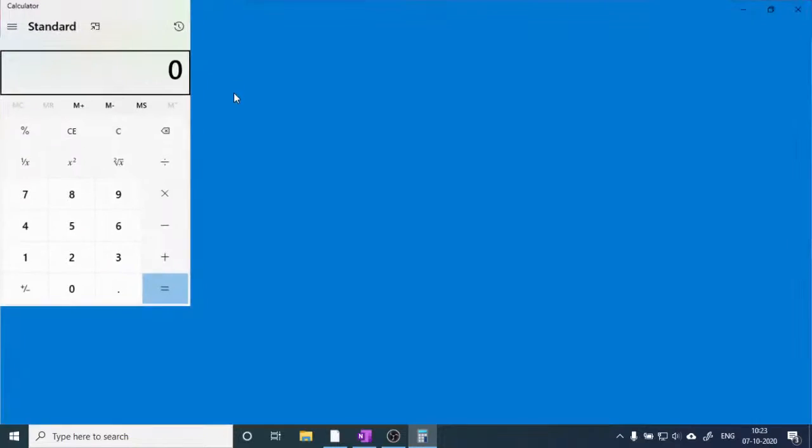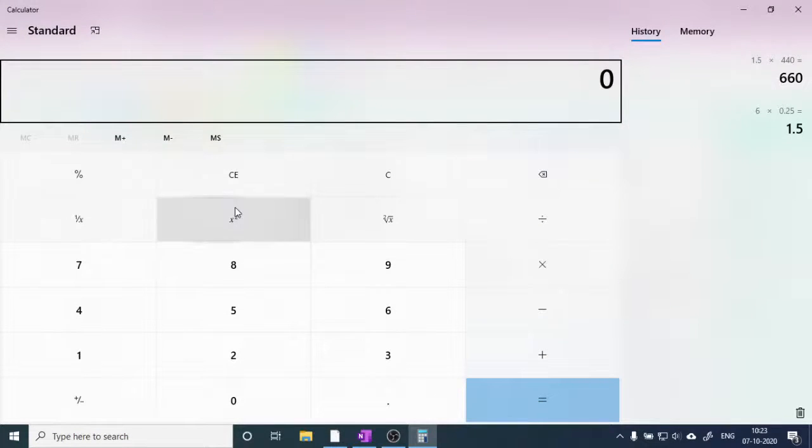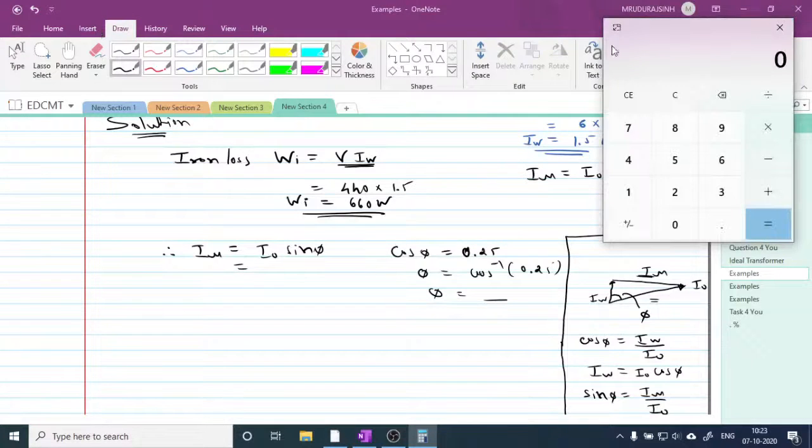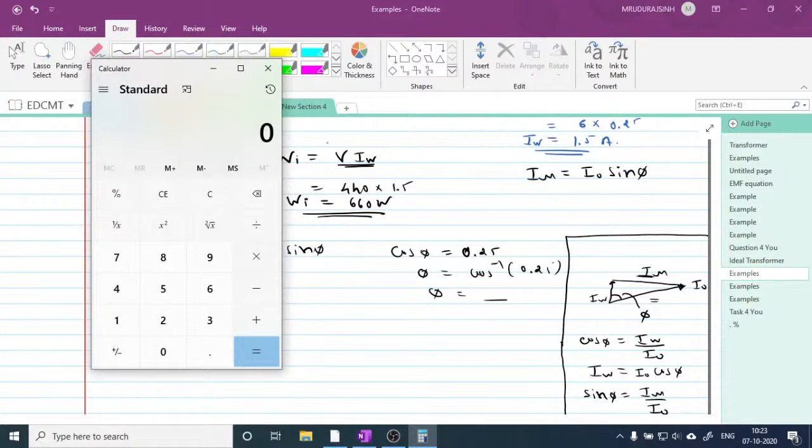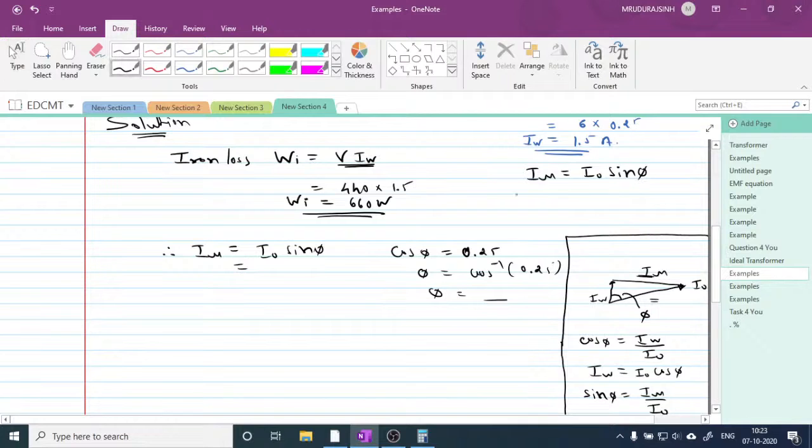Just a minute, I'll do it on my mobile and I'll let you know. Let me calculate this sin phi, and then this phi we will place so that we can get the sin phi.